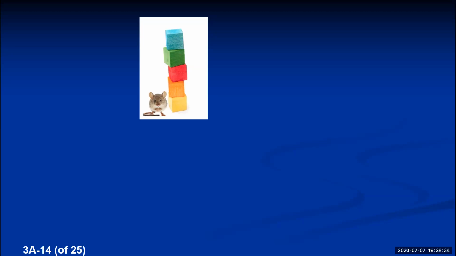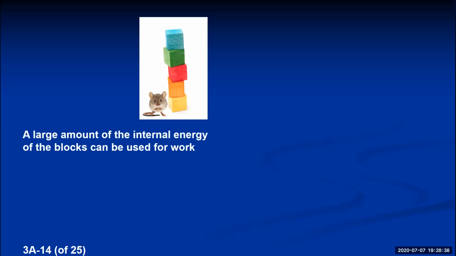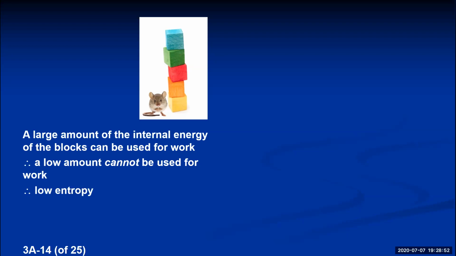So these blocks can do a lot of damage to a mouse. That means that a large amount of their internal energy can be used for work. So in other words, a low amount cannot be used for work. So therefore, if there's a low amount of energy that cannot be used for work, these blocks have a low entropy, okay?